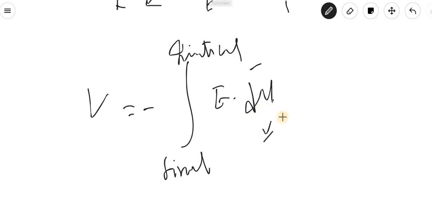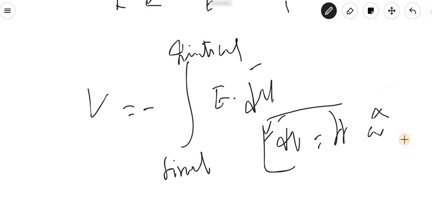For this case the elementary line element is dR a_R cap. So E dot dL, where E is rho L by 2 pi epsilon R, times dR.